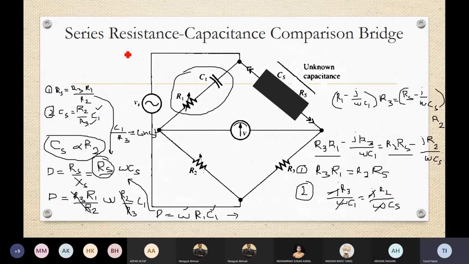But if our unknown capacitance has parallel resistance, then obviously we have to modify the circuit accordingly. So now how are we going to get the relationship between the known values and the unknown values, so that we can find out the unknown value from a balanced bridge.